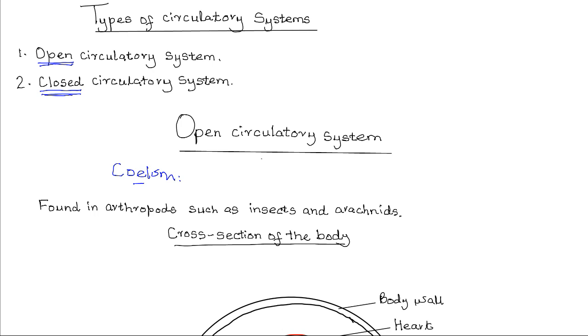Now, since the coelom is fluid filled, that is, since the coelom is filled with blood, it is for that reason known as hemocoel. So when the body cavity is filled with blood, then it's known as hemocoel. And the circulating fluid within the coelom is known as hemolymph.